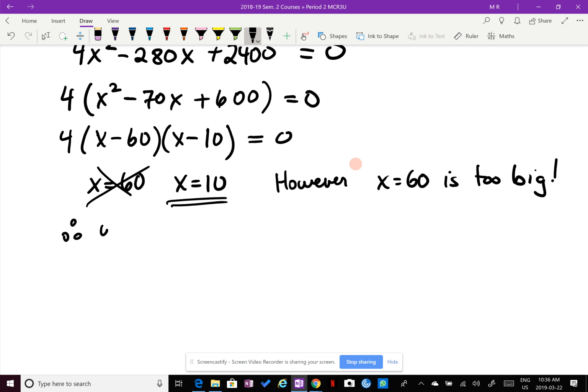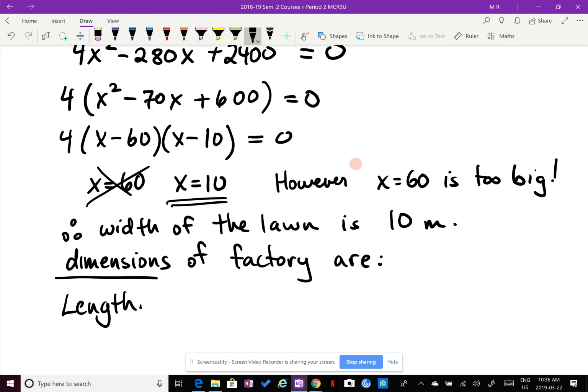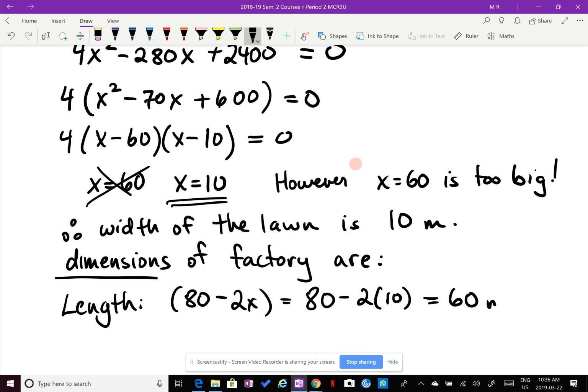So here, therefore, the width of the lawn is 10 meters. And the dimensions of my factory, so again, the word dimensions means what are the length and width of my factory, so my length is 80 minus 2x, which is equal to 80 minus 2 times 10, which is 60 meters.